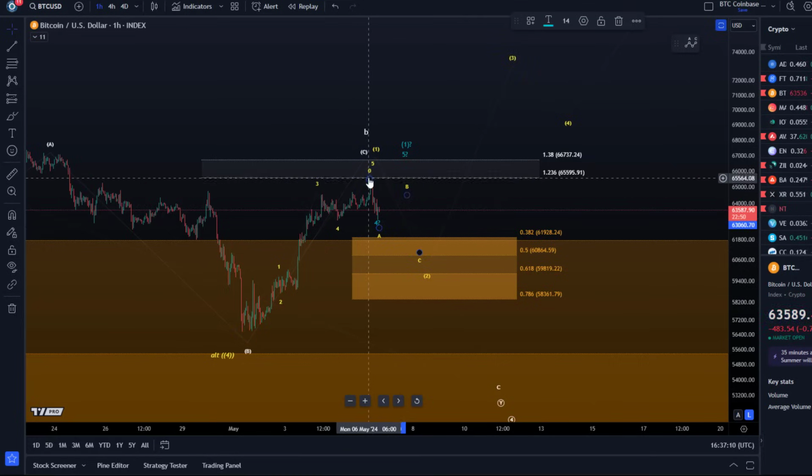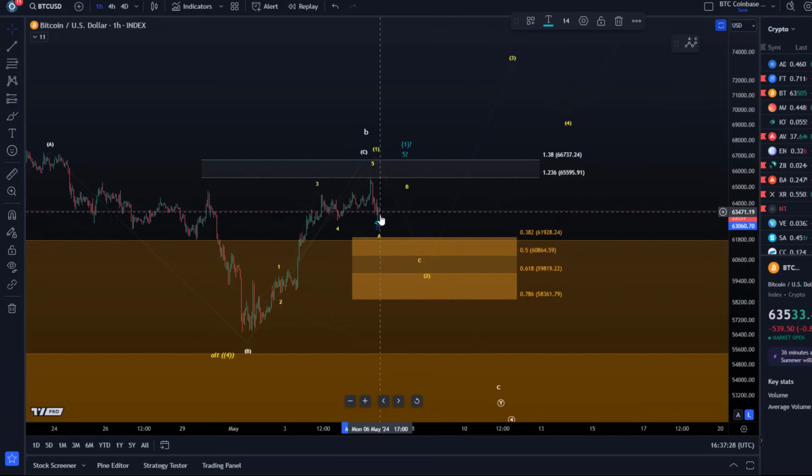Why? Because the 5th wave, even though it reached the 65,600 level, which was within the range that I mentioned to you, still is a bit short. Still, I consider the wave 1 complete, or let's say the 5 waves up complete.